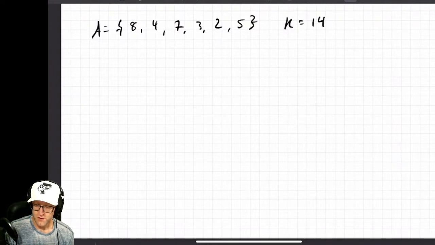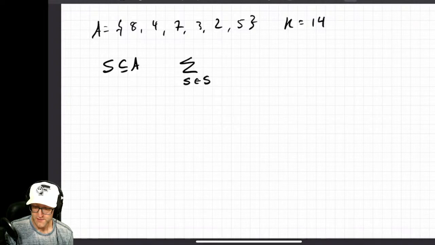So does there exist a subset of A such that if I sum all of the elements in S, then that's equal to K? In fact, I'll use a different symbol for the elements in S. I'll just call it X.